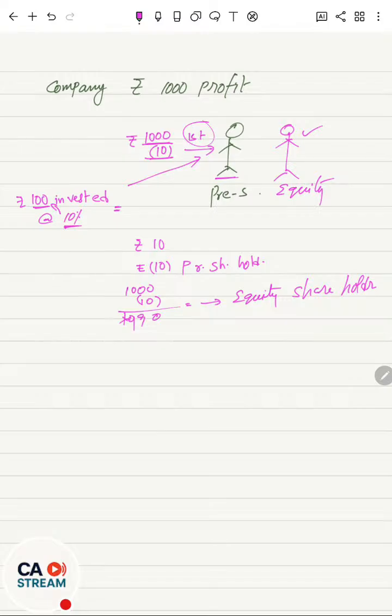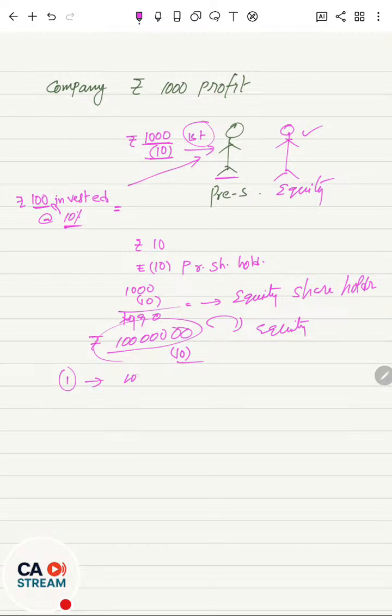So, for example, assume next year the company earned 1 lakh or 10 lakh or 1 crore, whatever amount it earns that year, the preference shareholder will get only his percentage of 10 rupees. Then the remaining entire amount goes to whom, sir? Equity shareholders. So this is the first priority.